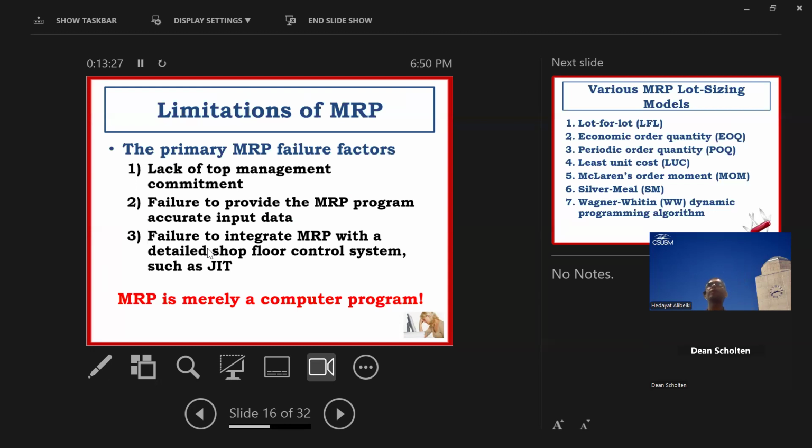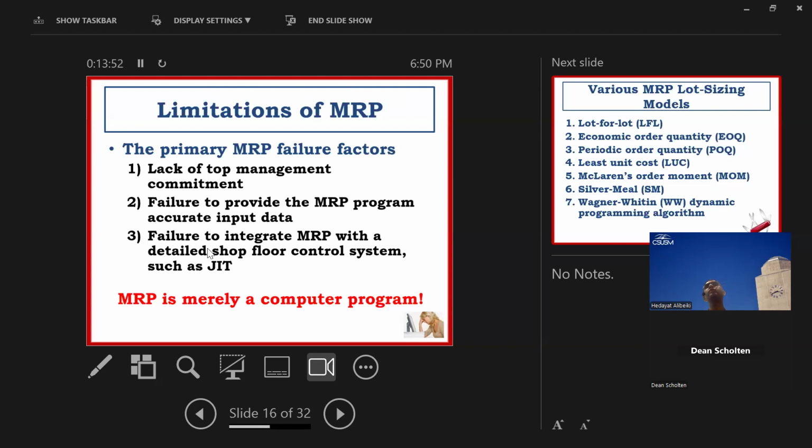They have to ask for timely reports from employees in the production planning department. And then you have to have accurate input data, right? It's garbage in, garbage out, right? So you have to make sure we feed it with good information. That way you get accurate results.